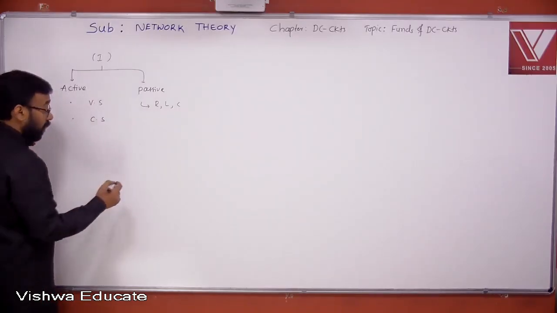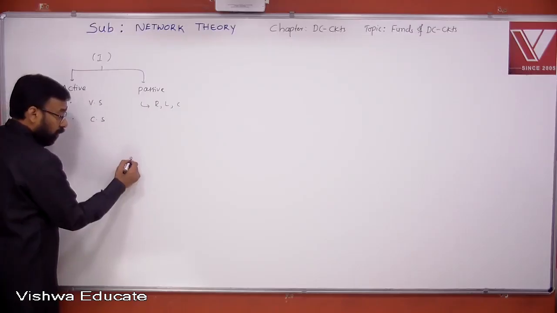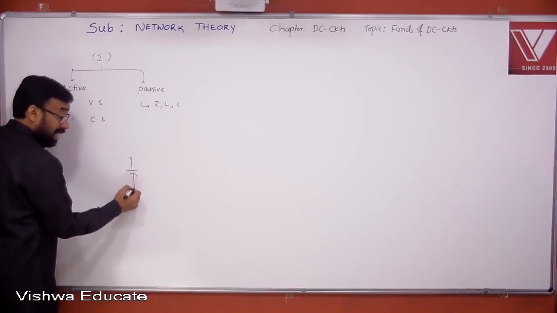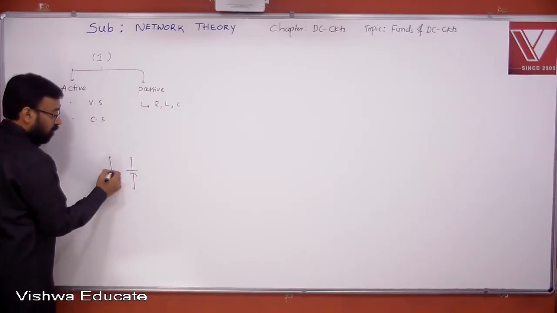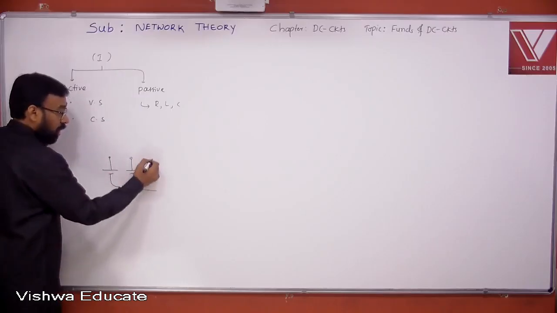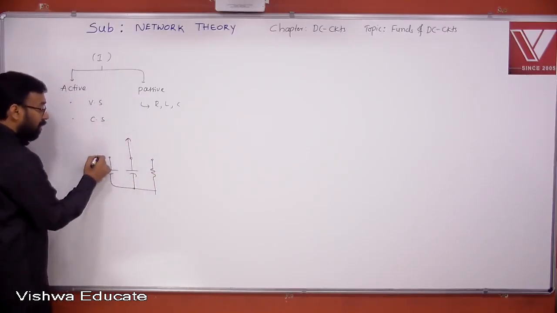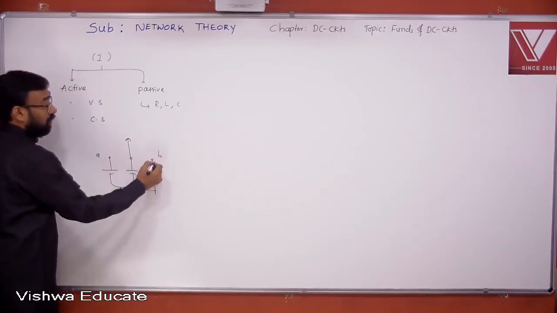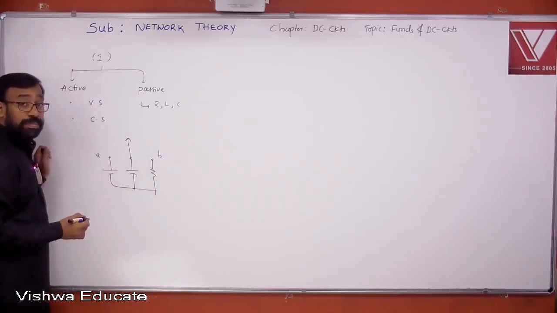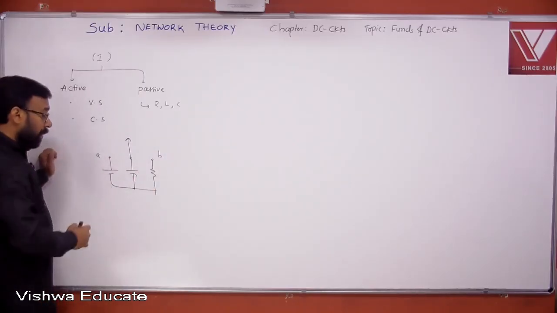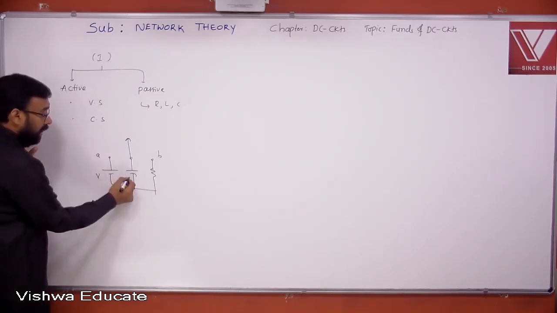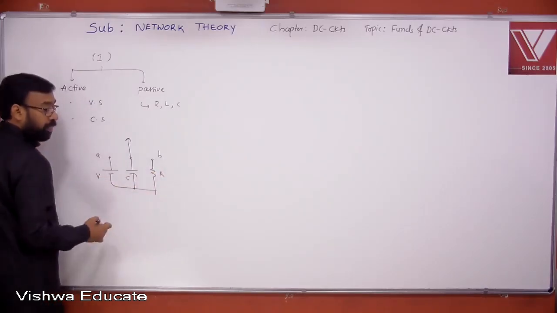Sometimes when you face an interview, people may ask you these fundamentals and they expect the proper definition so that there is no controversy. Look at this, all of you. For example, if you define active element as an element which supplies the power and passive element as an element which absorbs the power, look at what is happening here. This is the voltage source, this is a capacitor, and this is a resistor.